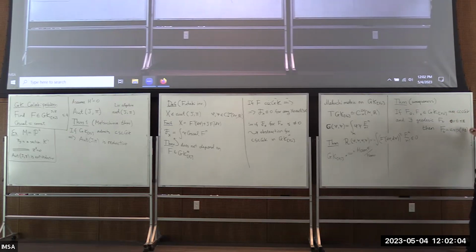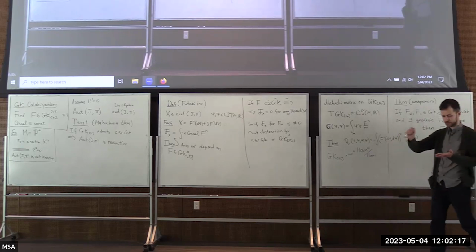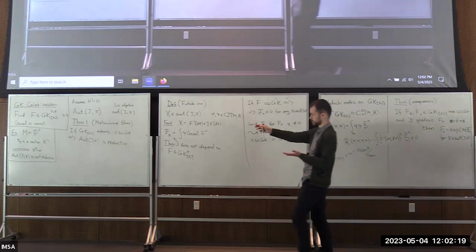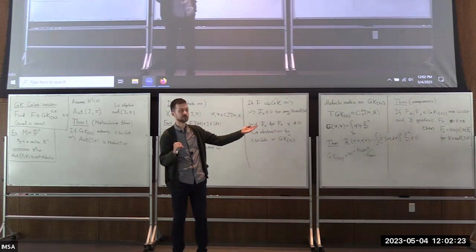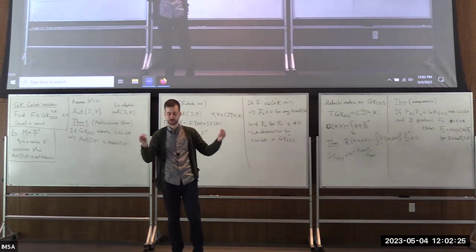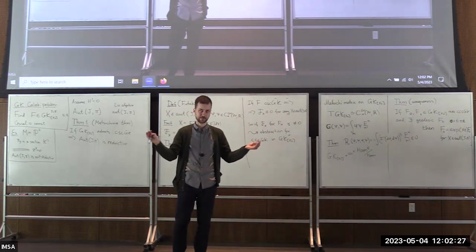So the vector field is in the automorphism algebra. Basically what it's saying is that there is a one-parameter family of automorphisms of your underlying holomorphic data which brings F0 to F1. So from this point of view, they are the same, they're not different.